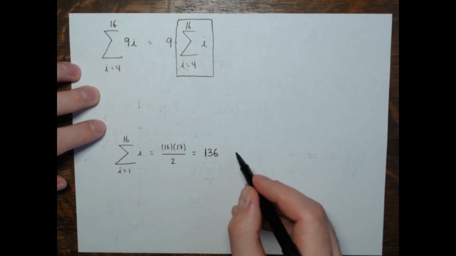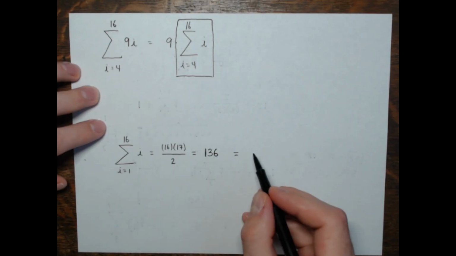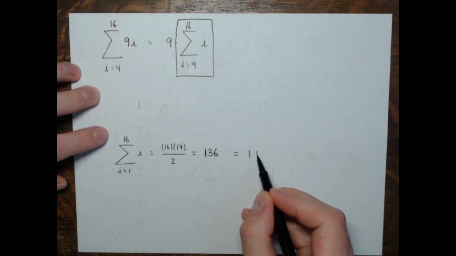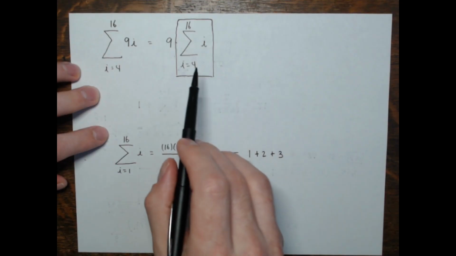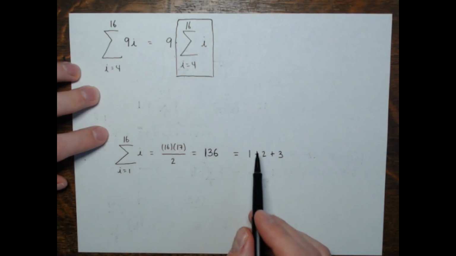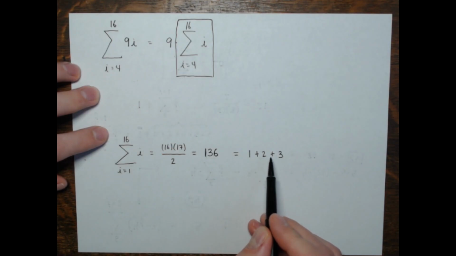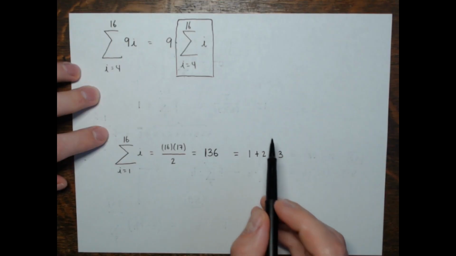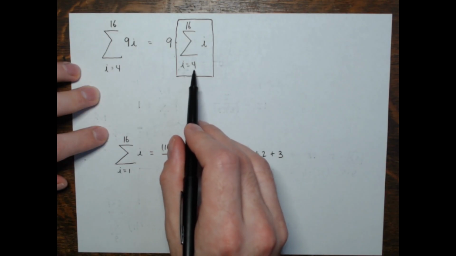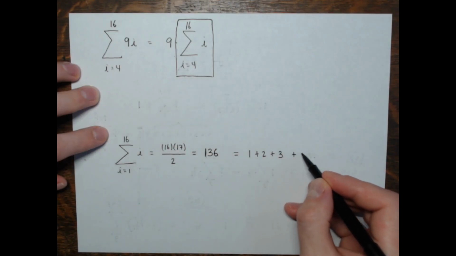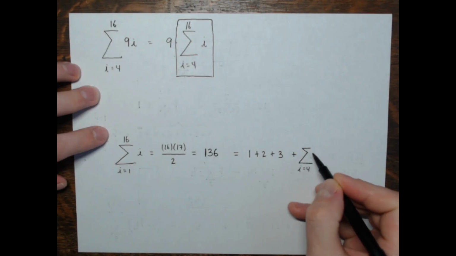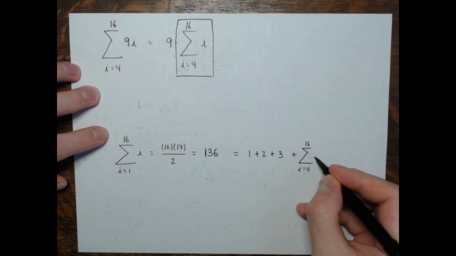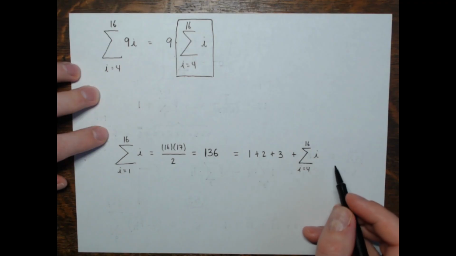Now, I told you, this is only for when you start at 1. So this is 1 plus 2 plus 3, and now you see this is when I equals 1, I equals 2, I equals 3. So the rest of it would be what I have here, plus the sum from I equals 4 to 16 of these I terms.